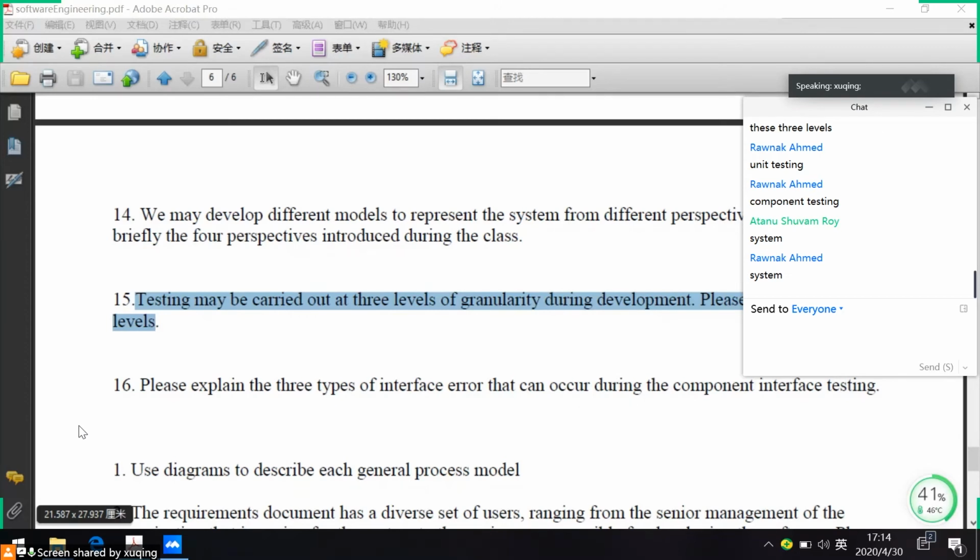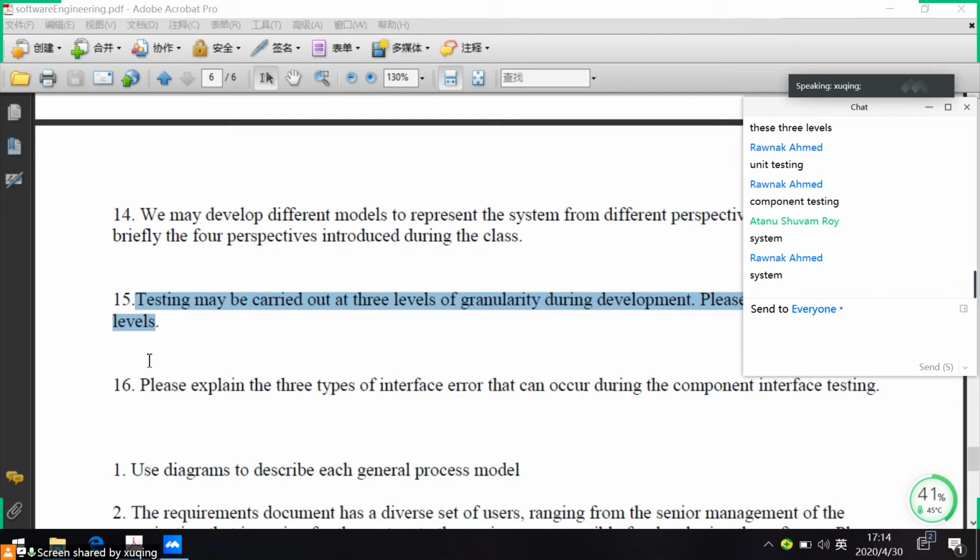Okay, you see, this question is quite familiar. And we are asked to explain them.